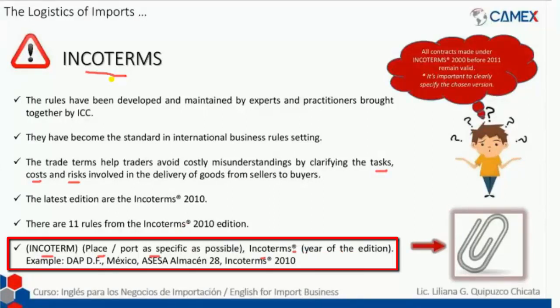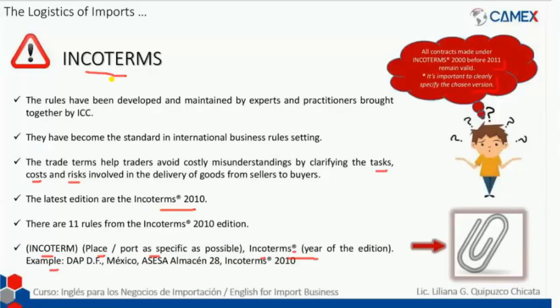So as an example, we see here that they use DAP, then they say that the place is DF Mexico, Acesa, Almacén Storage 28, comma, Incoterms, trademark, and they are using the 2010 edition.